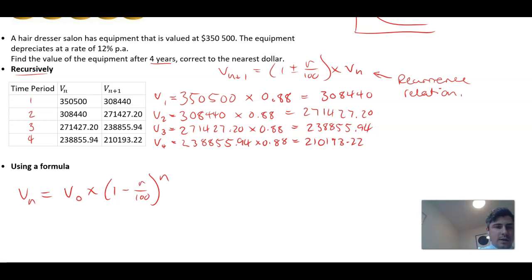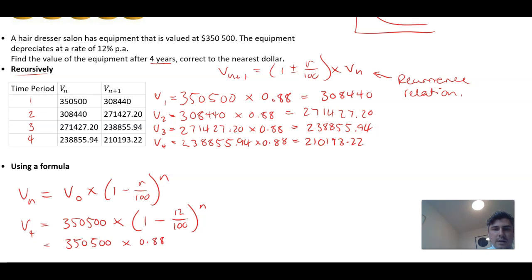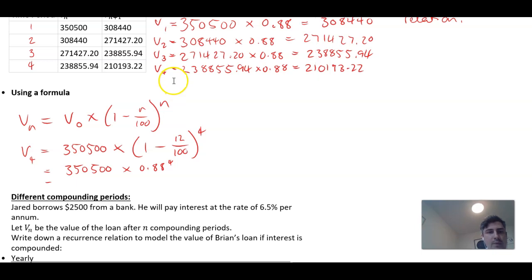We're being asked for V4. So V4 equals 350,500 times 1 minus 12 over 100 to the n, which gives us 350,500 times 0.88 to the 4. And so the final answer will come out the same as above, with 210,193.22.